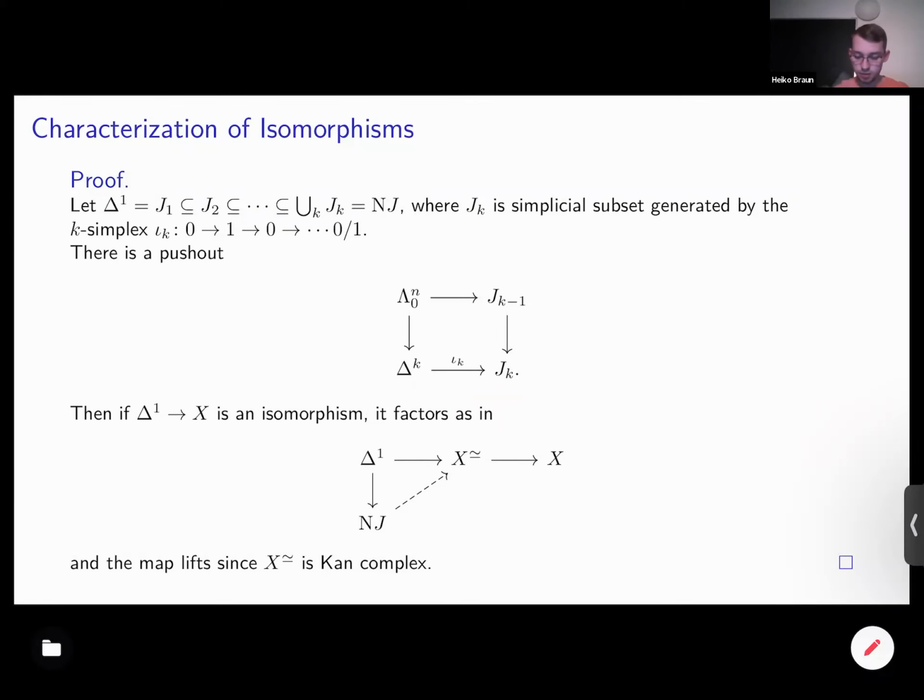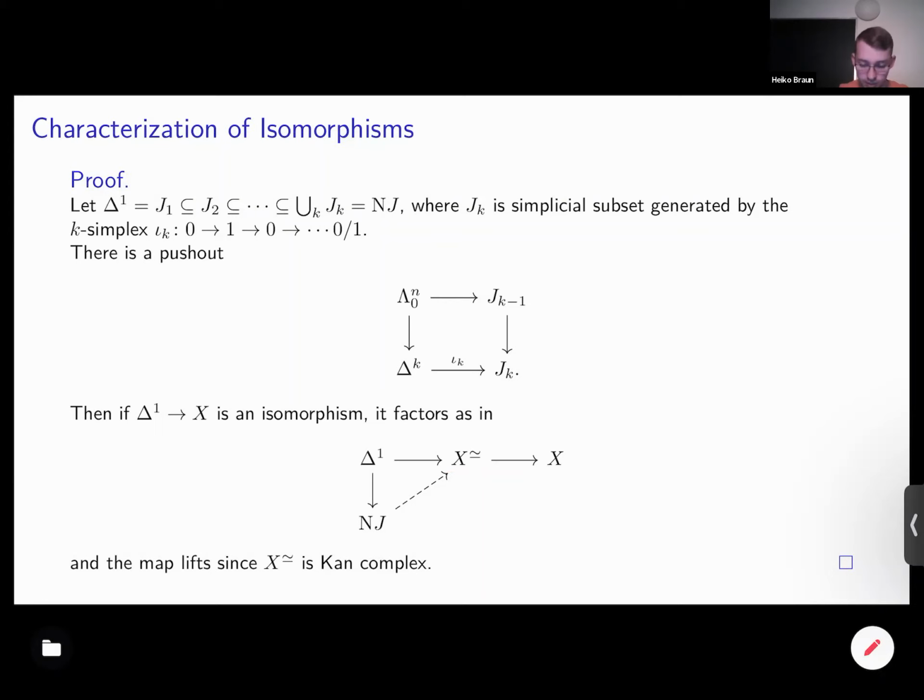One can check it on the simplicial set level by looking at all the simplices appearing in the simplicial sets here, and then it turns out that this is a pushout. Now if you have an isomorphism, then by the description of the core, X core, this isomorphism will factor through that.